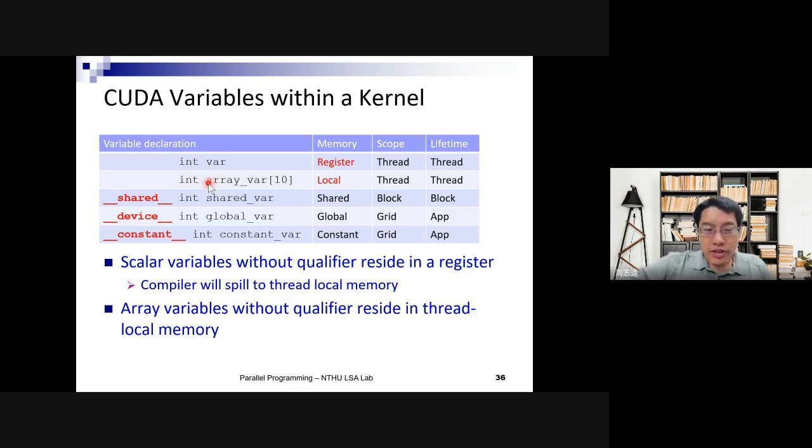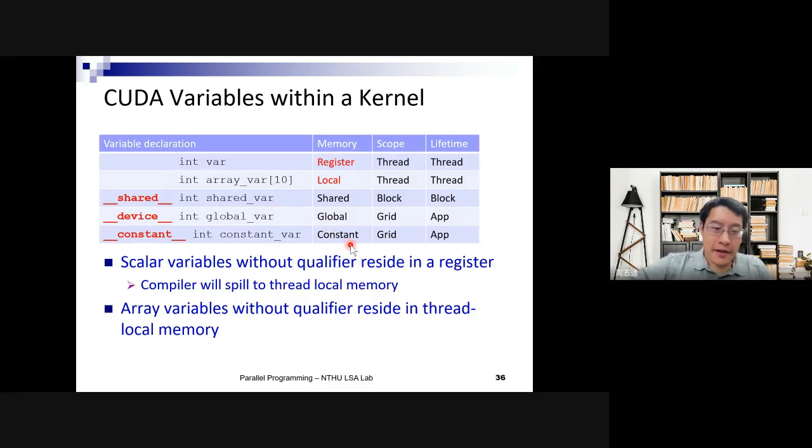On the other hand, if it's an array declared without any specifier, then it's a local variable, but it will be stored in the local memory, not the register. If you use shared, that's shared memory. Device means global memory, and constant means constant memory.